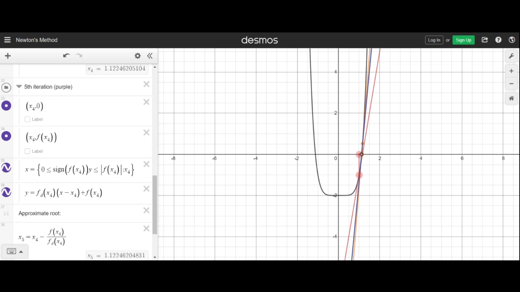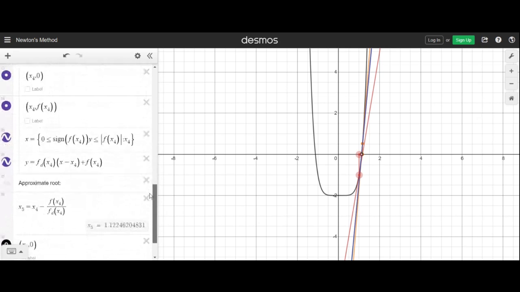One moment. What I'm doing is I'm copying down the x sub 5 number. Okay. And I'm going to do more iterations, but it looks like Desmos only is doing 5 iterations.